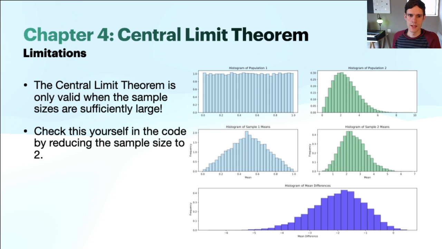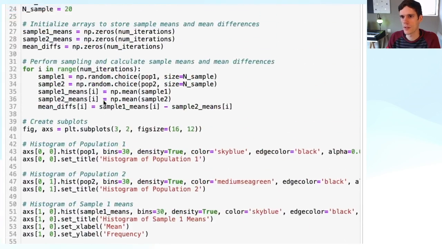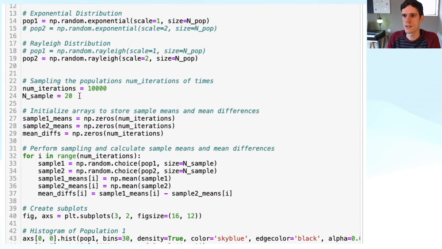In a nutshell, the central limit theorem is only valid when the sample size of each sample is sufficiently large. And again, you can check this yourself by going back to the code and changing some parameters. So let's do that. Here, the parameter that we're going to change now is the number of data points in each sample. At this point, we had 20, but let's now set it to 2.